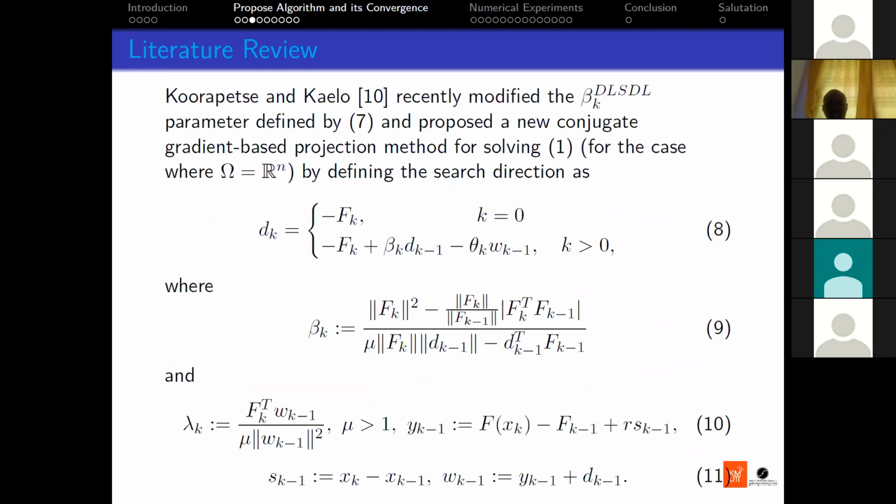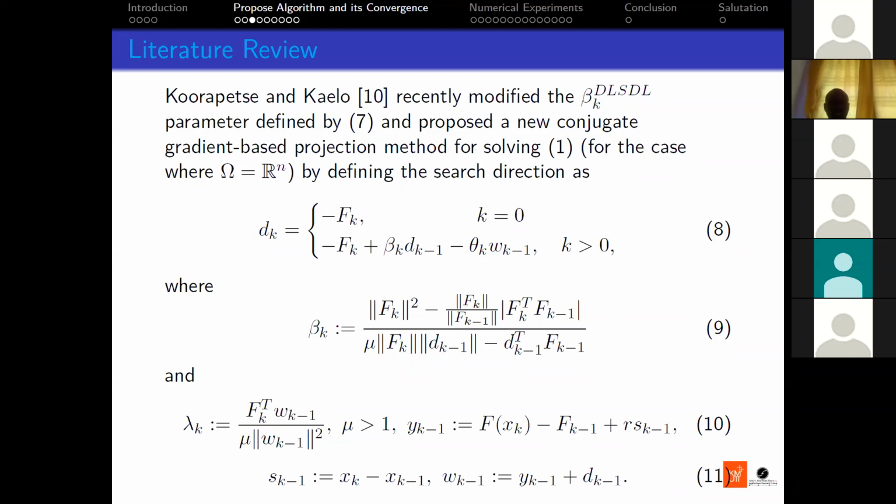Here, just replacing g of xk, the gradient, with the capital F defined in problem 1. And that is going to give us equation 9. And they define another parameter, lambda k, by Fk transpose wk minus 1 over mu norm of wk minus 1 squared. So this lambda k is supposed to be theta k, given in 8, there is a typo also.